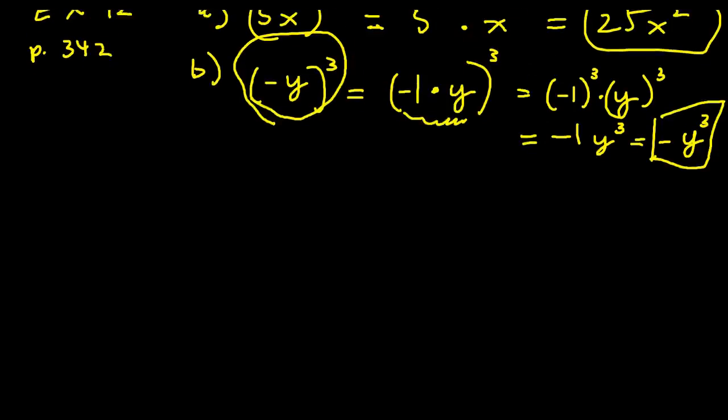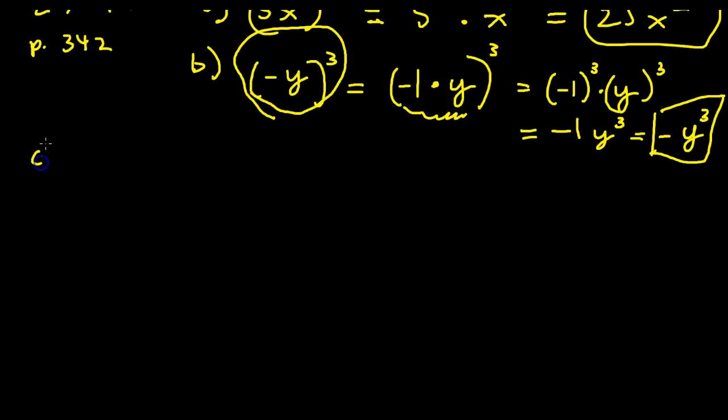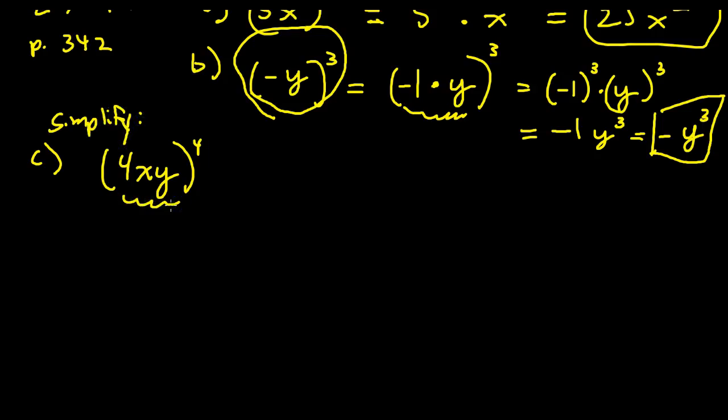Part B. Let's look at part C. 4x y to the fourth power. Again, simplify. Here I've got 3 factors in a product, all raised to the fourth power.